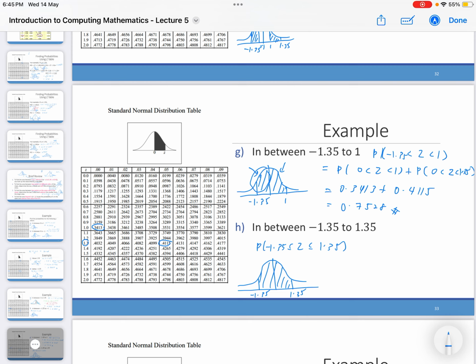Since the value is the same, 1.35, the left side equals the right side. So this equals 2 times the probability of Z from 0 to 1.35. So this is 2 times 0.411, which equals 0.823.